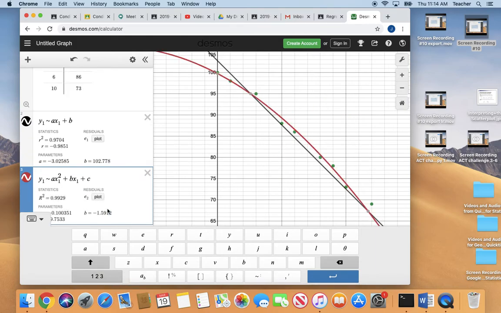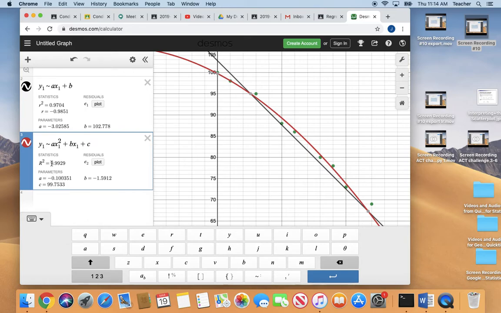In this case, the R squared, or the correlation coefficient, is 0.9929. That's actually a better fit than the line, because you see it curved and closer to the points; it goes through some of the points on the scatter plot. So the quadratic regression right now is a better fit than the linear regression model, because the linear correlation coefficient was -0.985, which is close to -1, meaning it's a negative regression, but 0.99 is closer. It's a stronger correlation.